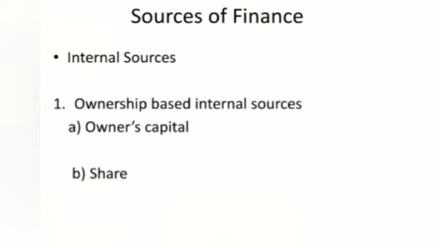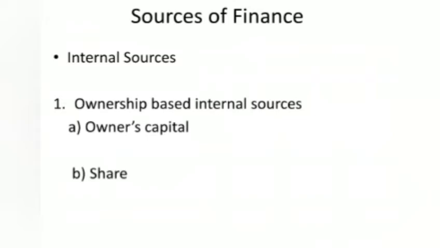So, let's discuss ownership-based classifications of internal sources. Basically, nature of internal fund is different from different kinds of business organizations. We know that based on ownership, organizations may be of sole proprietorship, partnership, or joint stock company.